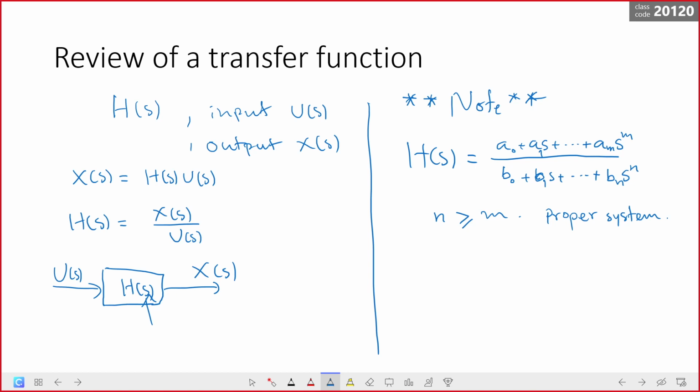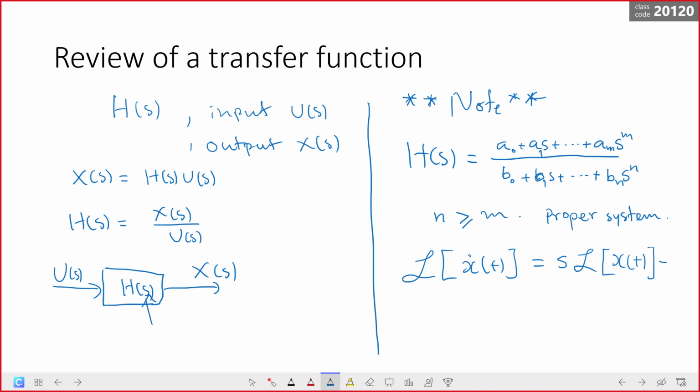If you have the Laplace transform of h dot of t, this equals s times the Laplace transform of h of t, minus h of 0.